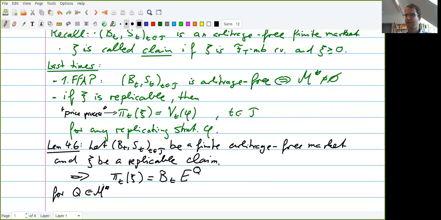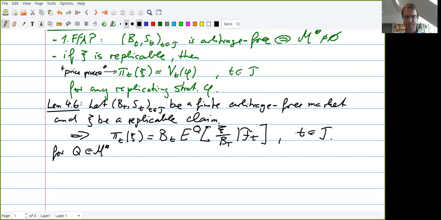And recall, there might be more than one. The price process is given by the discounting factor multiplied with the conditional expectation of the discounted claim, conditioned on the information up to time t.